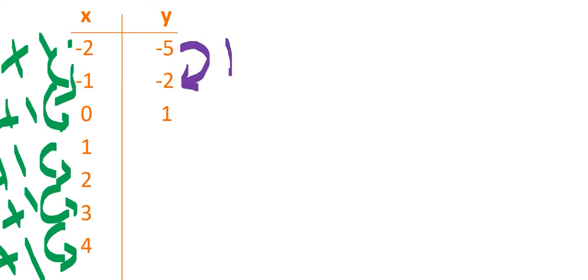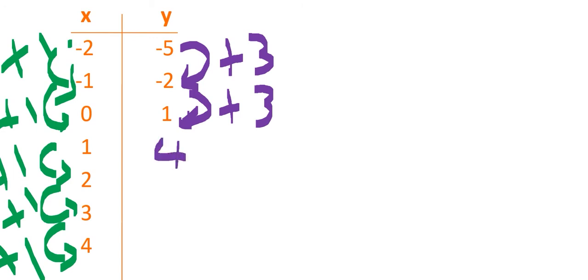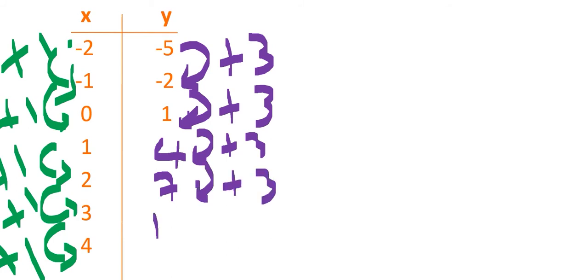Negative 5 plus 3 is negative 2. Negative 2 plus 3 is 1. 1 plus 3 is 4. 4 plus 3 is 7. 7 plus 3 is 10. 10 plus 3 is 13.